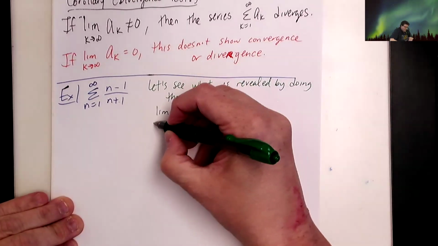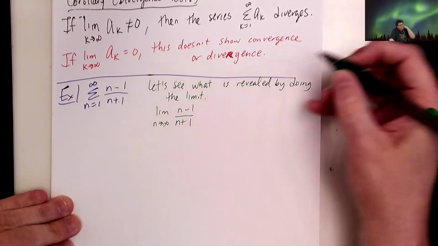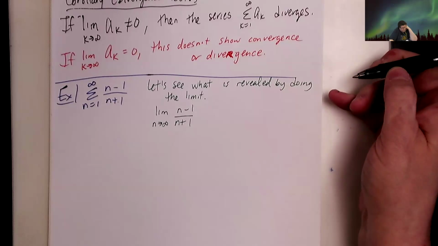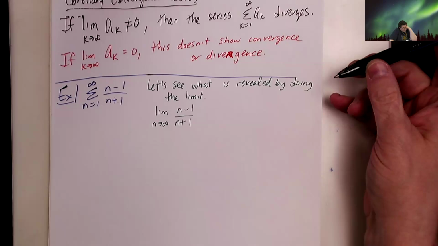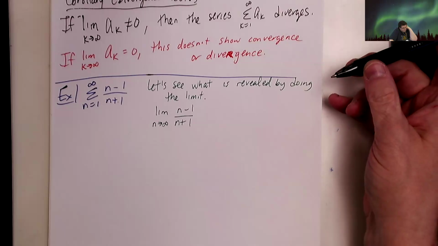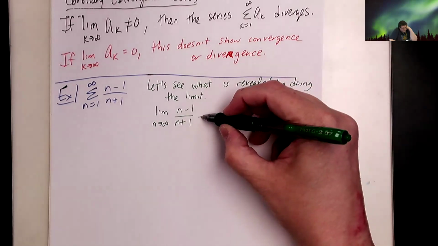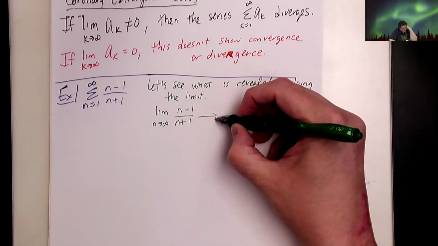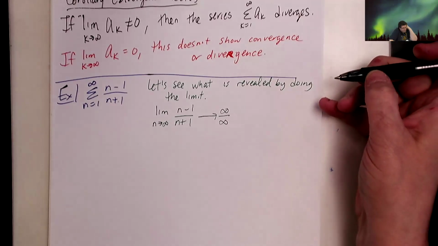The limit as n goes to infinity of n minus 1 over n plus 1. That is going to infinity over infinity. And what does that mean?